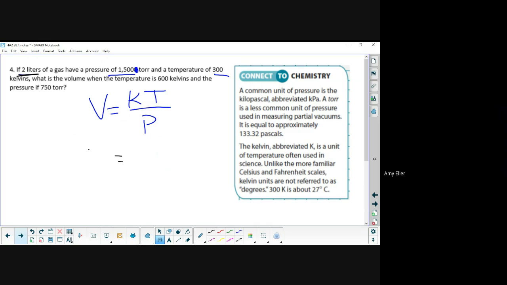2 liters is volume. We don't know the constant. Temperature was 300. Pressure, 1500 torr.